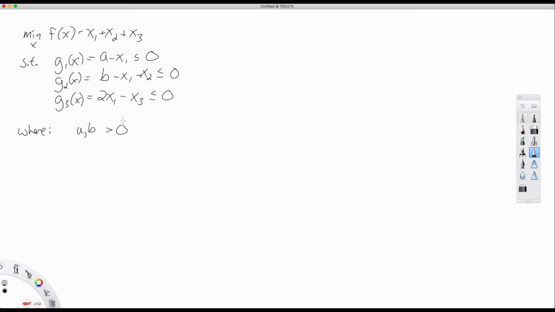Here we have a problem with 3 optimization variables, 3 linear inequality constraints, and we're also given the specifications for the sign of these constants a and b, and those are going to be important in assessing this problem. With this problem, we can't really visualize it because it is in 3 dimensions, or at least it's a little bit more difficult.